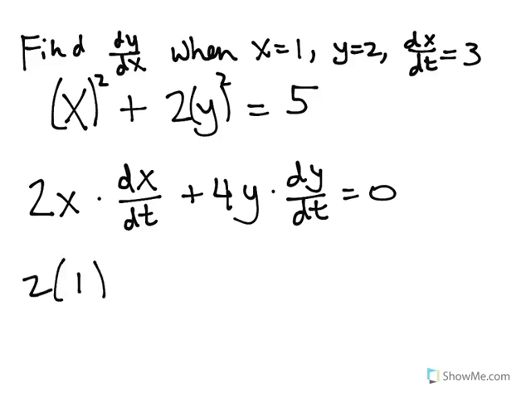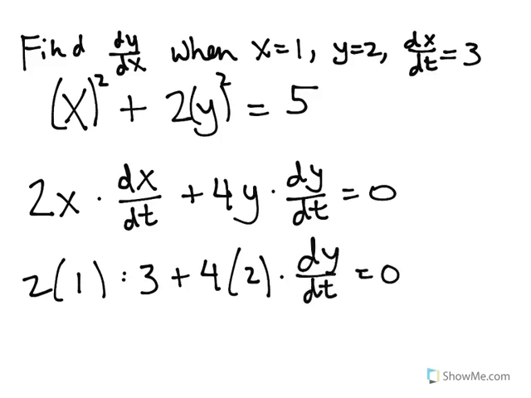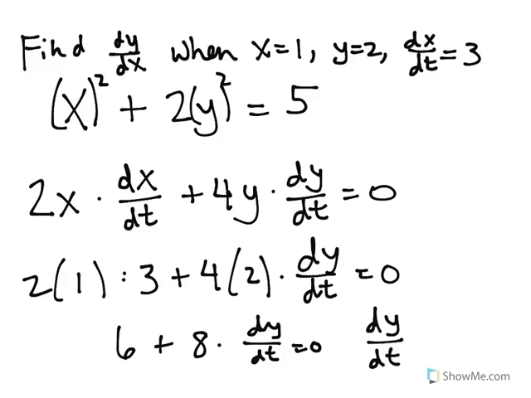So 2 times 1 times dx/dt, remember dx/dt is 3, plus 4 times 2 times dy/dt, that's what we're trying to solve for, equals 0. And now solve for dy/dt. So let's see, this is 6 plus 8 times dy/dt equals 0. Subtract 6, divide by 8, which means that dy/dt equals negative 6 over 8, or negative 3 over 4.